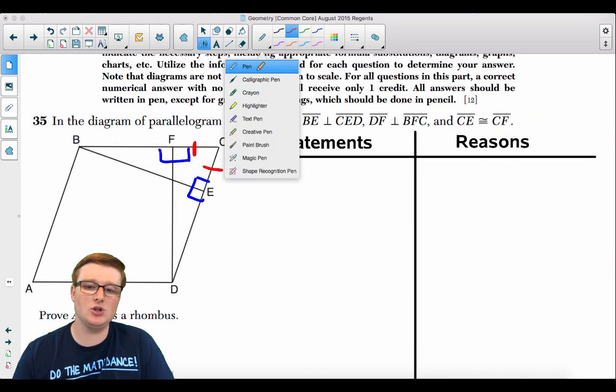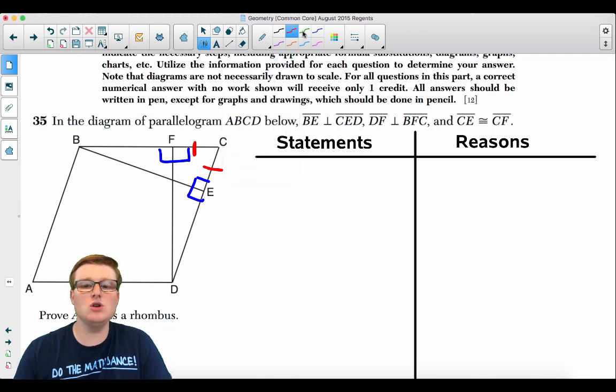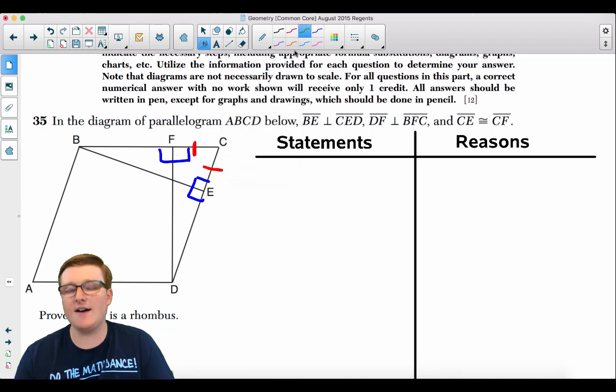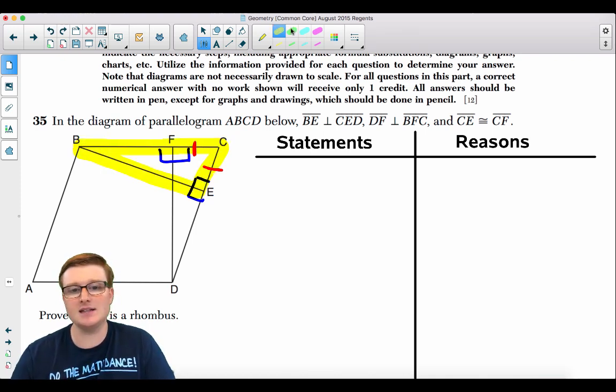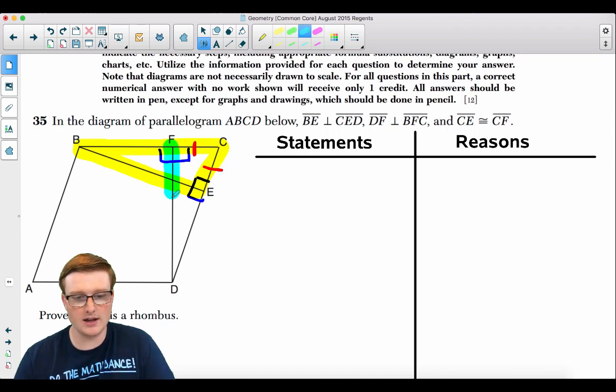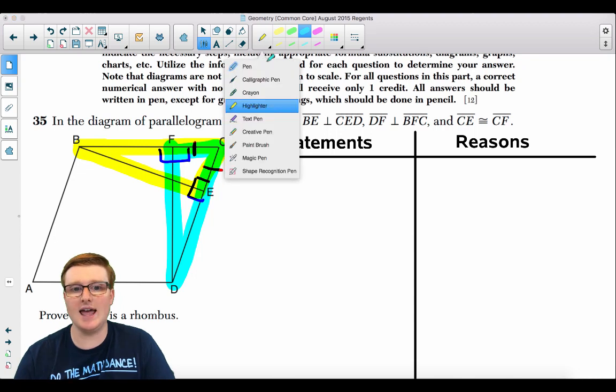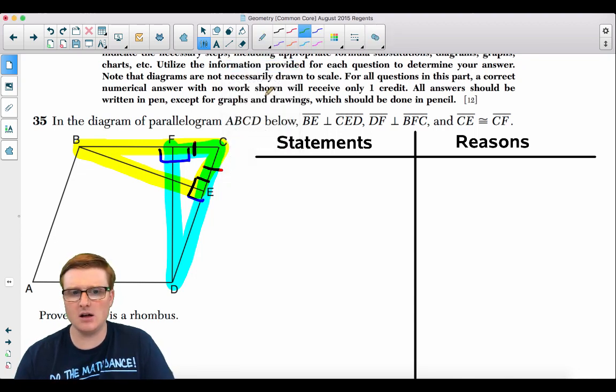Okay. So a couple things. You know, or you should know, that you have to be proving triangles congruent somewhere. These 2 triangles that you see here, so triangle, actually I'm going to change this to yellow. Triangle BEC is congruent to triangle DFC by angle side angle. Where's that other angle coming from?